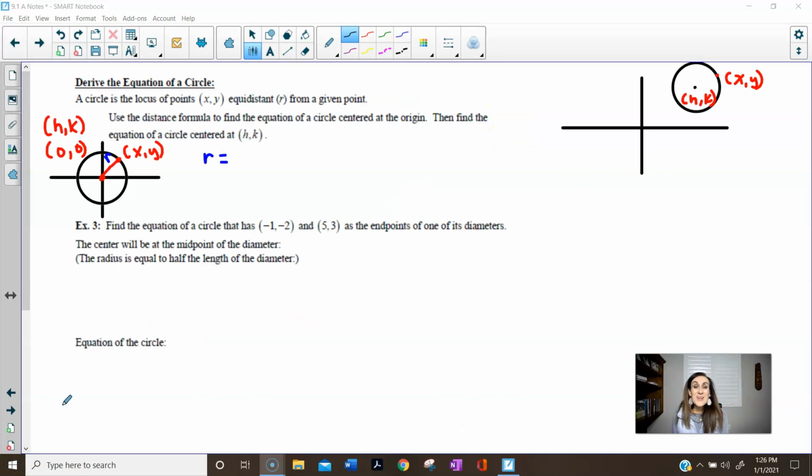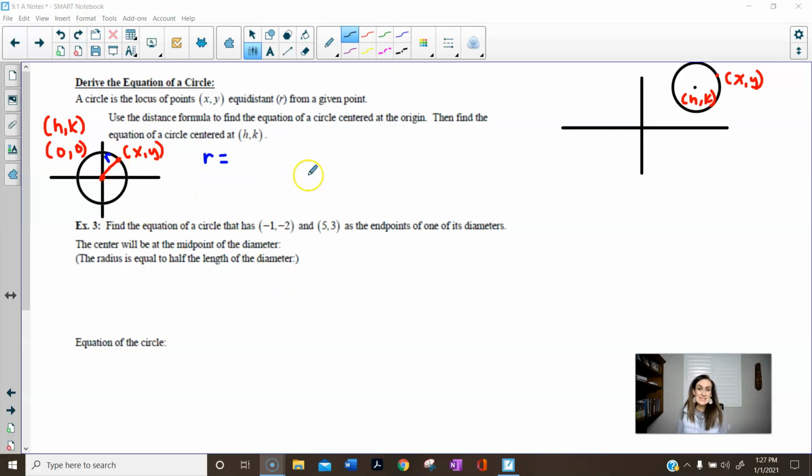To derive the equation of a circle: a circle is the locus of points x, y that's equidistant from a given point. So the given point is going to be here in the center of the circle. We're going to look for the distance from the center out to the side of the circle, which is actually called the radius.